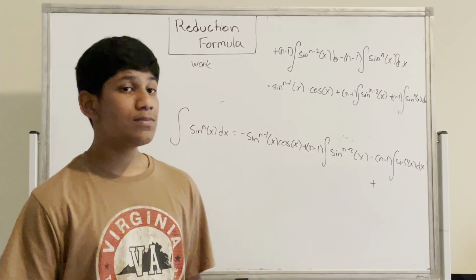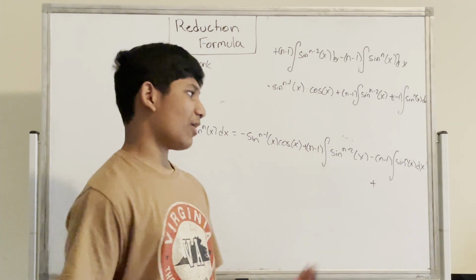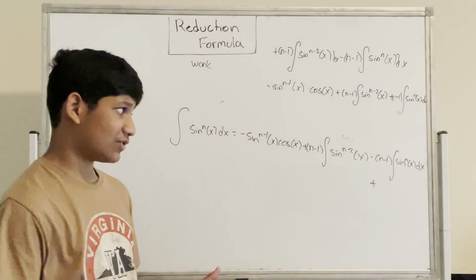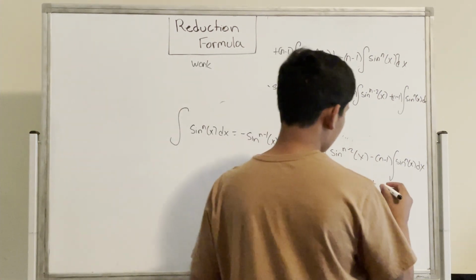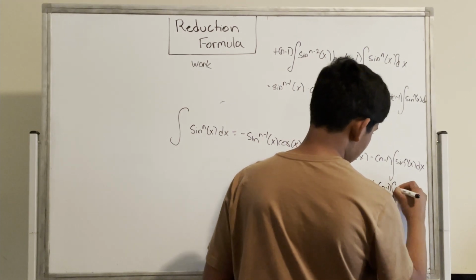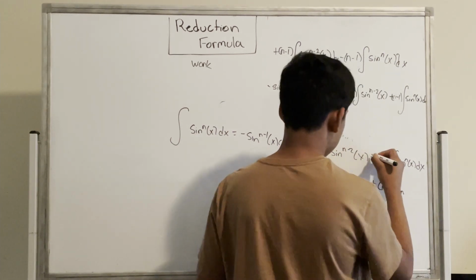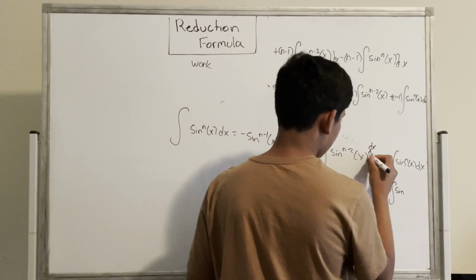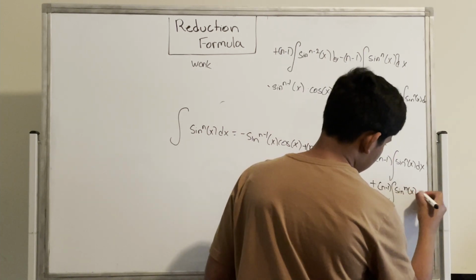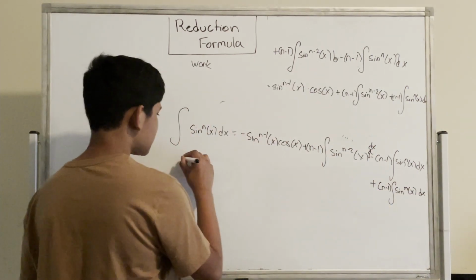Now, this is the most important step of all that I would say. Without doing this step, we wouldn't really have a reduction formula. So, we're adding this. There's supposed to be a dx over here. And sine x dx. Adding this to both sides.